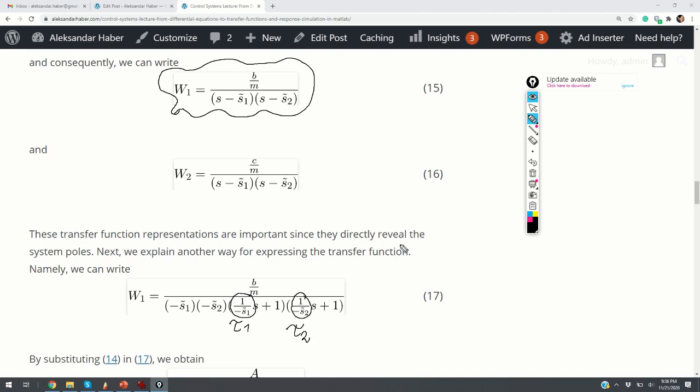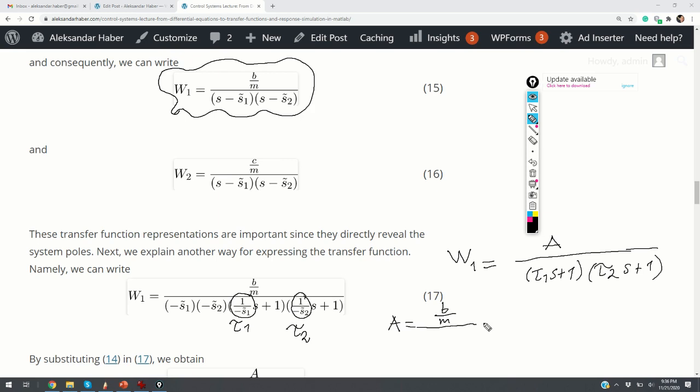Now, how about a? If you remember, the form of the transfer function that we are looking for is the following. What is a equal to? Well, if you see our original expression, a should be equal to b over m divided by minus s1 tilde multiplying minus s2 tilde.